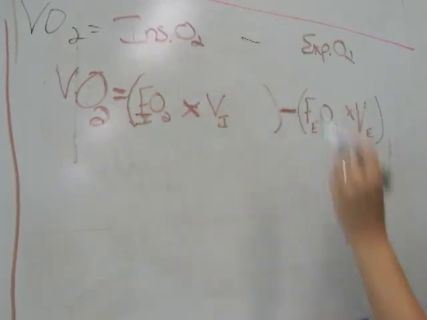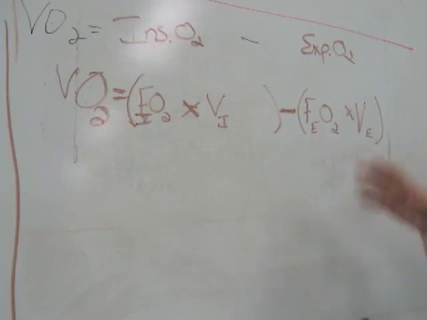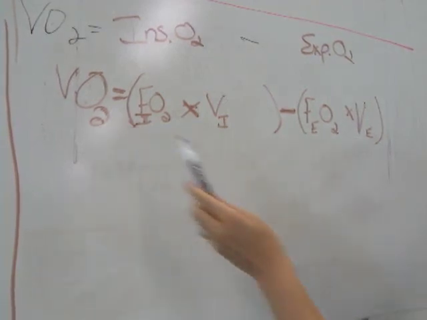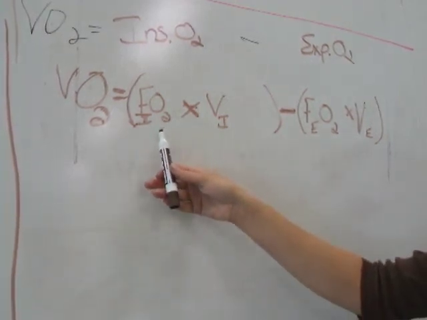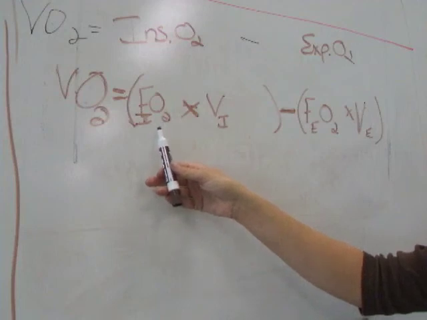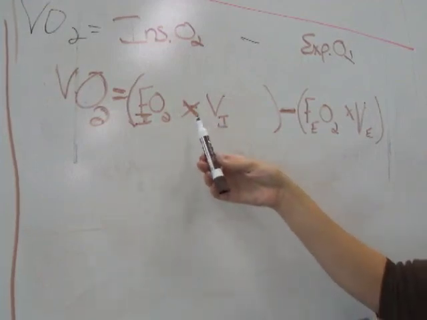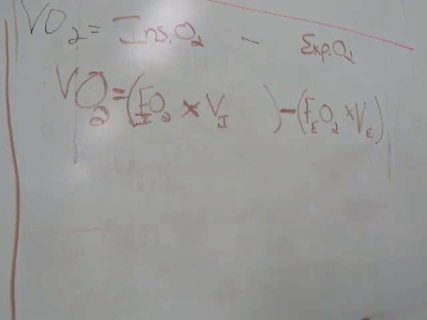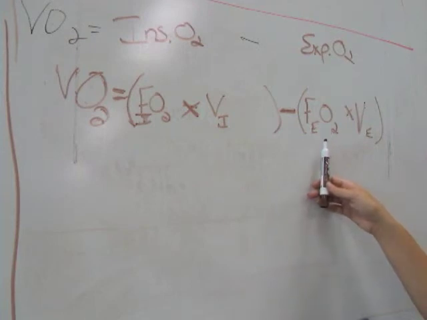We're going to subtract the amount that was expired, and what's left over should be the amount of oxygen that the subject consumed during the exercise for that 1 minute. Our calculation from last lab is that oxygen consumption equals the fraction of inspired air that was oxygen, which is a given, times the volume that was inspired, minus the fraction that was expired, which we got from our gas analyzer, times the volume that was expired.